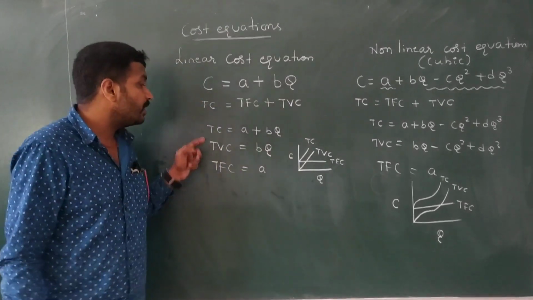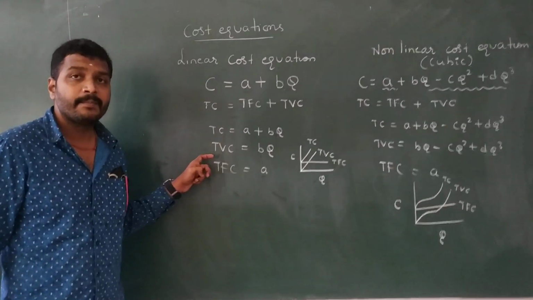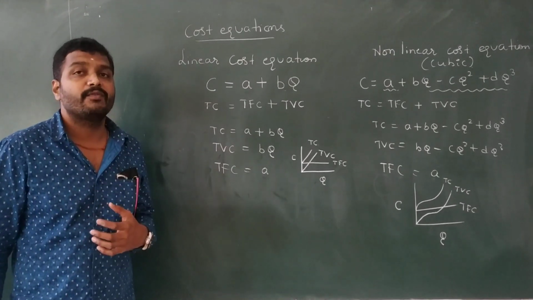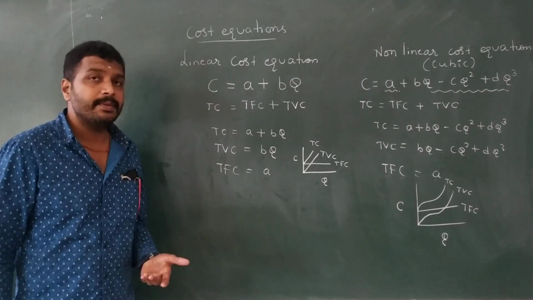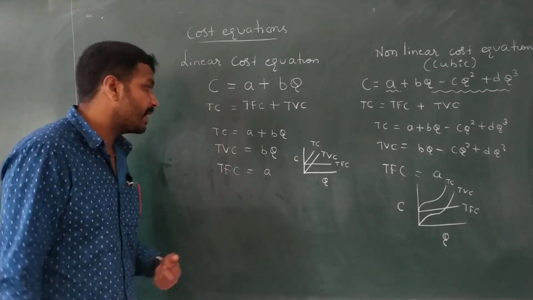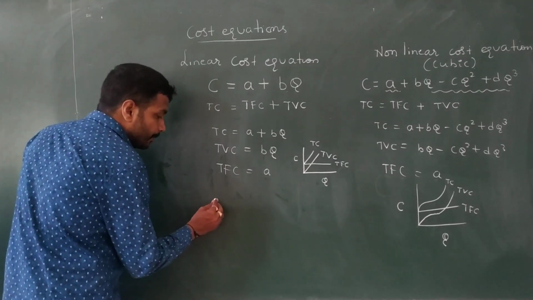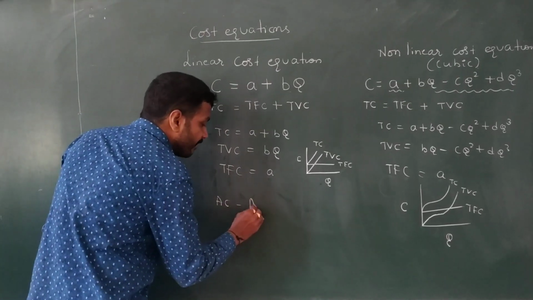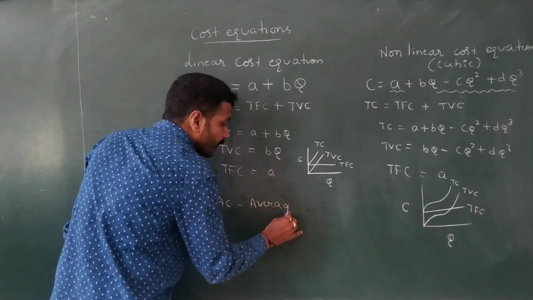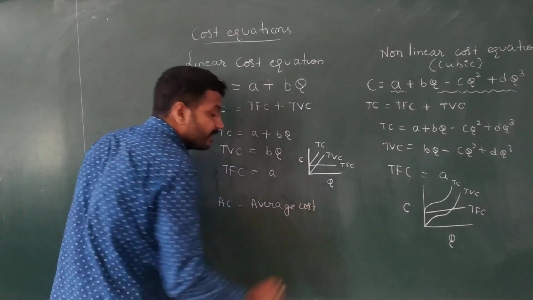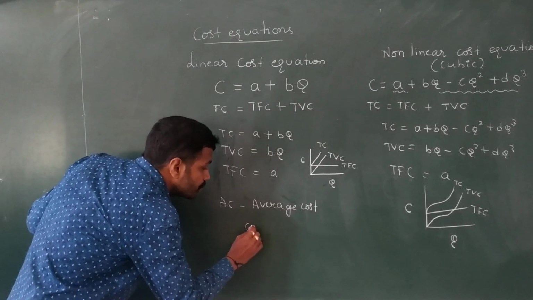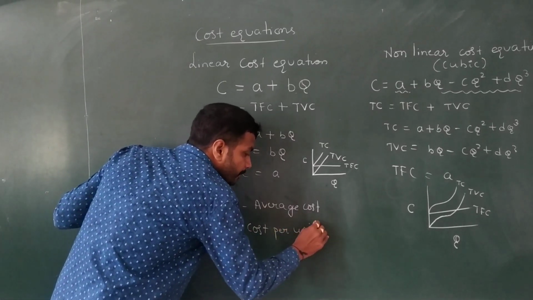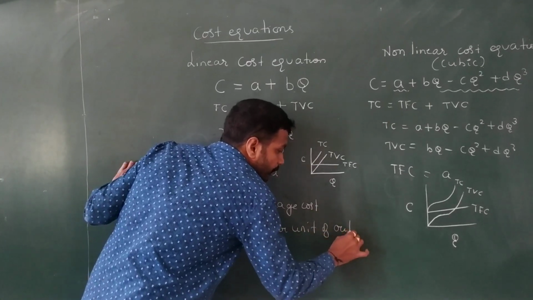Now, these three cost concepts we call absolute cost concepts. From this, we need to derive what we call relative cost concepts. The relative cost concepts are, first, AC, which is nothing but average cost. Average cost refers to cost per unit of output.